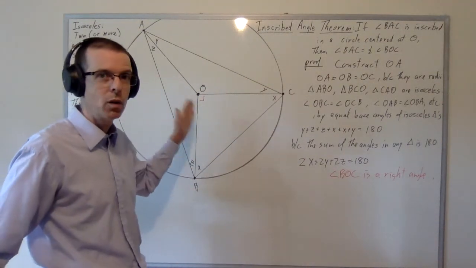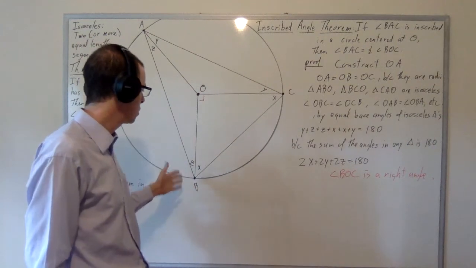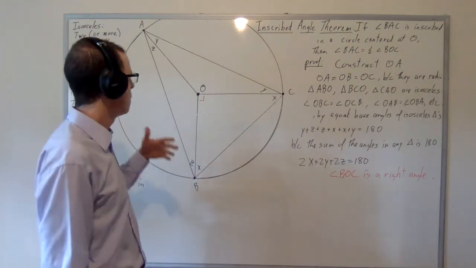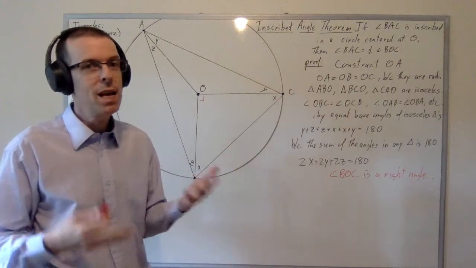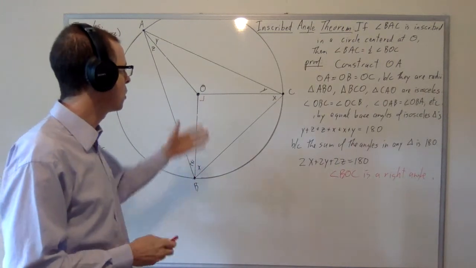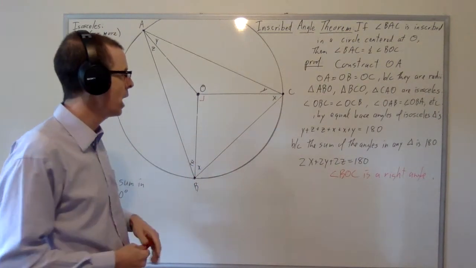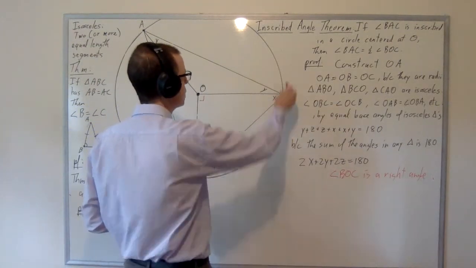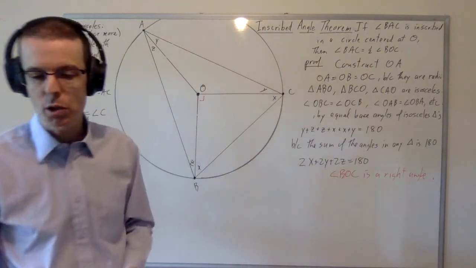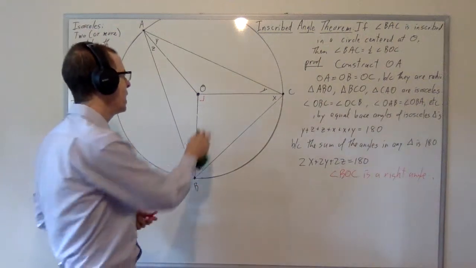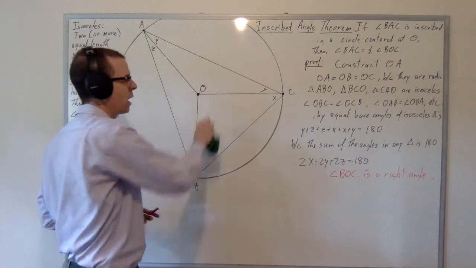It looks like a right angle in this picture because of the particular positions of B and C, but this is just one of many, many pictures that could exist, and there's no particular reason why it had to be a right angle. Move point C a little bit over this way, a little bit over this way, that angle will change. There's no essential reason why it has to be that. It's not necessarily a right angle.